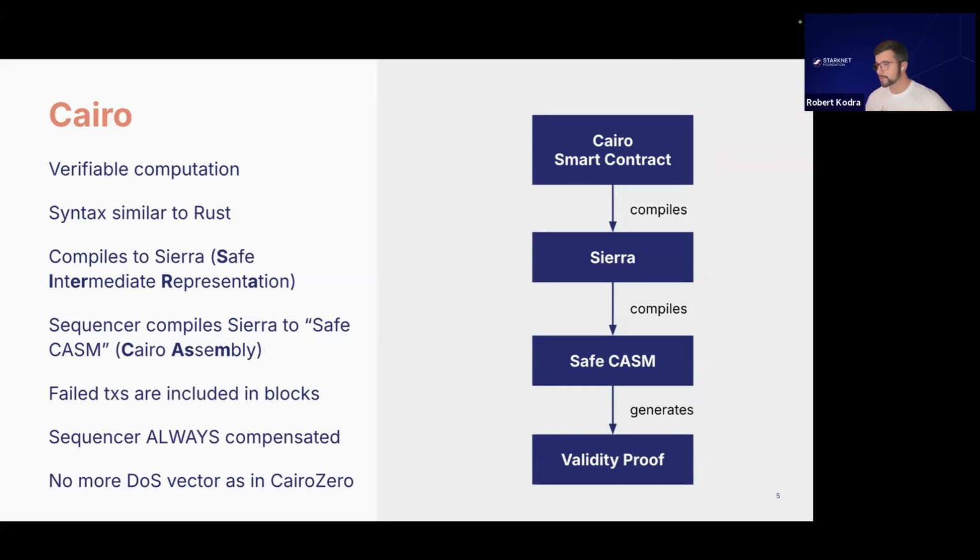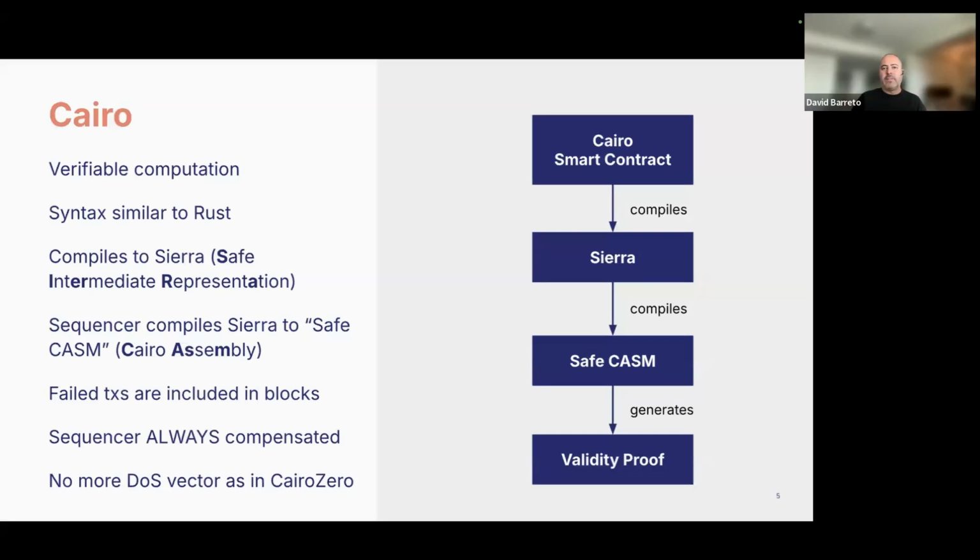Are these compilation steps only for Cairo smart contracts? Yeah. I think it's in general for Cairo, because if you want to generate a validity proof with it, you have to compile down to Sierra. So in essence, it stands for all Cairo code.